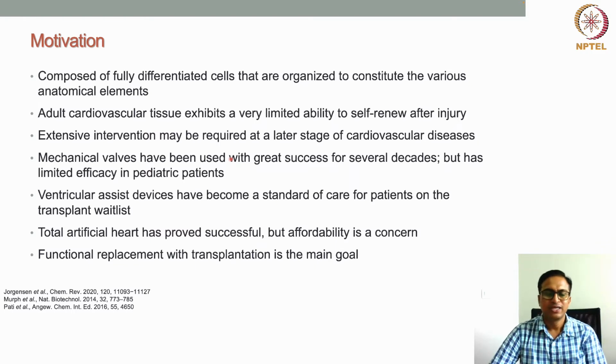So some intervention is required from outside, and extensive intervention may be required at the later stage of cardiovascular diseases, where the heart does not self renew or heal by itself. So we need to develop a strategy to provide supportive structures, probably a bioprinted heart muscle or a patch, to support that kind of injured tissue.